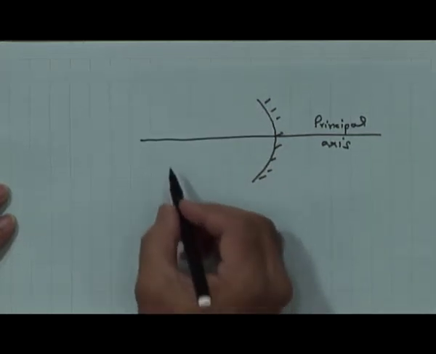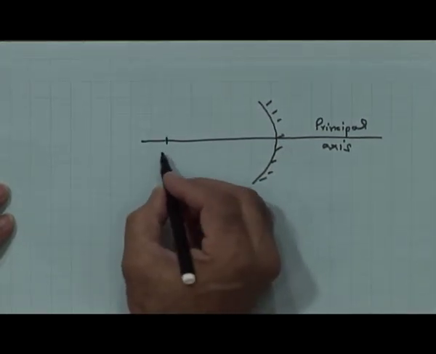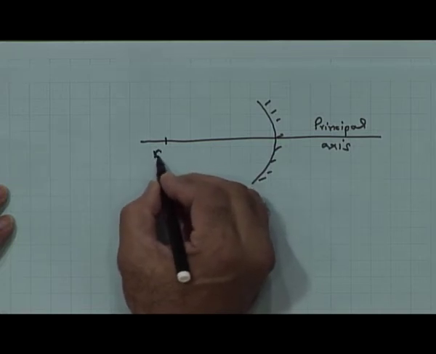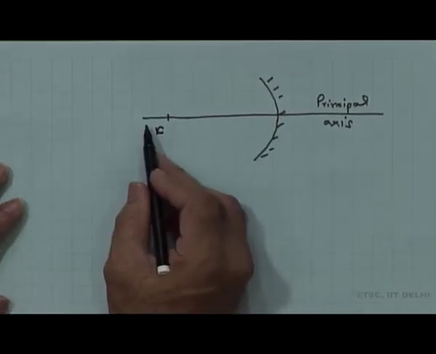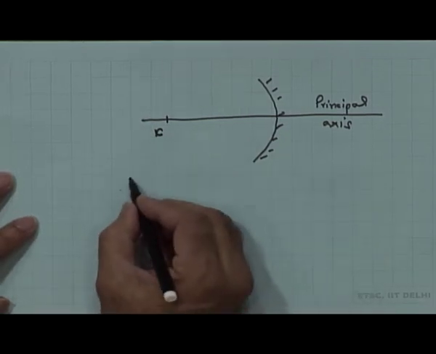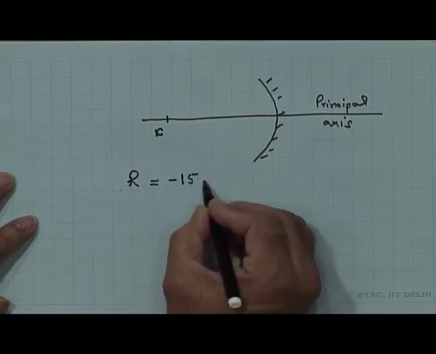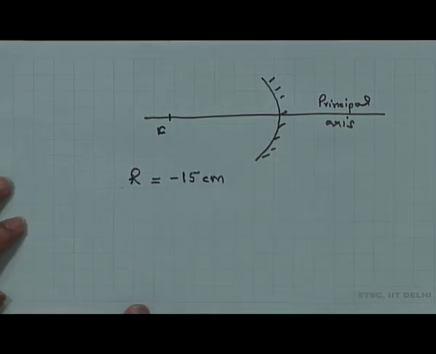It is a concave mirror, therefore the radius of curvature 15 centimeters is here. So, this is the point C, and because it is in front, we have r is equal to minus 15 centimeter radius of curvature.